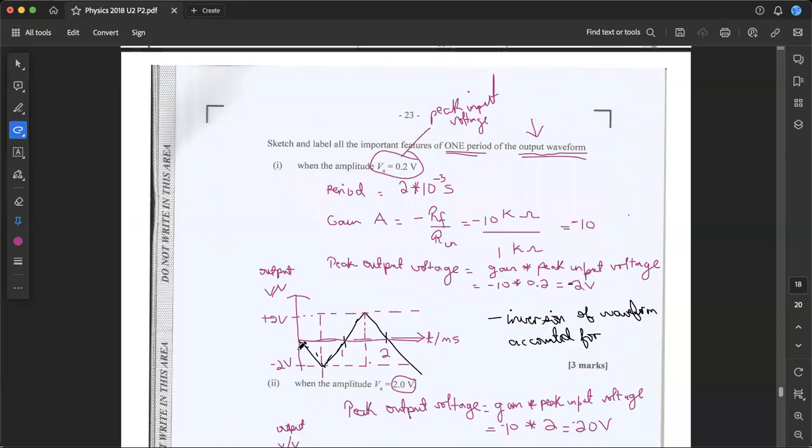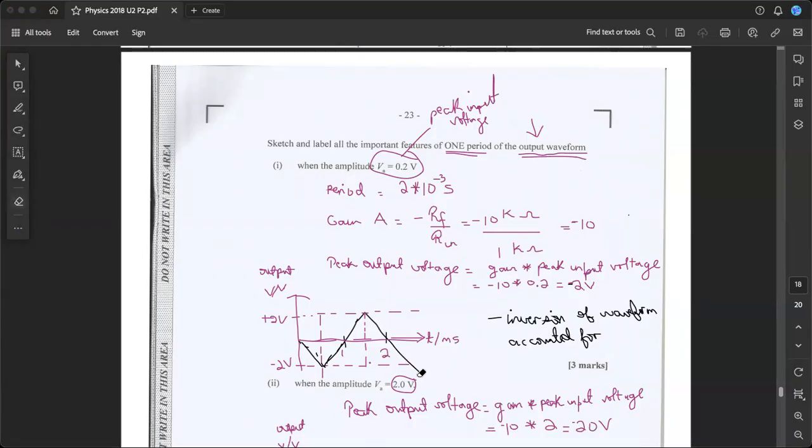At t equal to 0, we have 0. Then at this halfway point, which would be 0.5 milliseconds, we're going to have that -2 volts. We come back up all the way to hit the maxima of +2 volts, and then we come back down to complete the cycle.